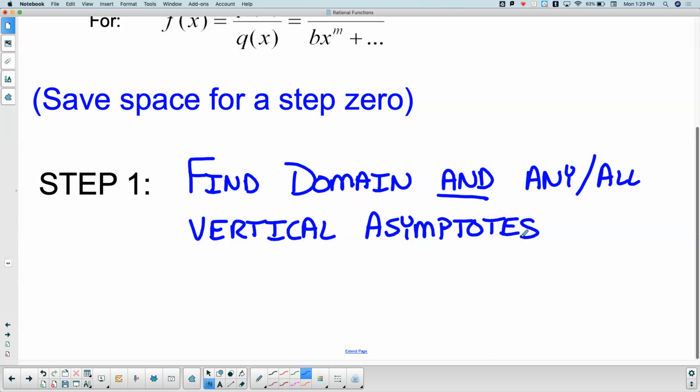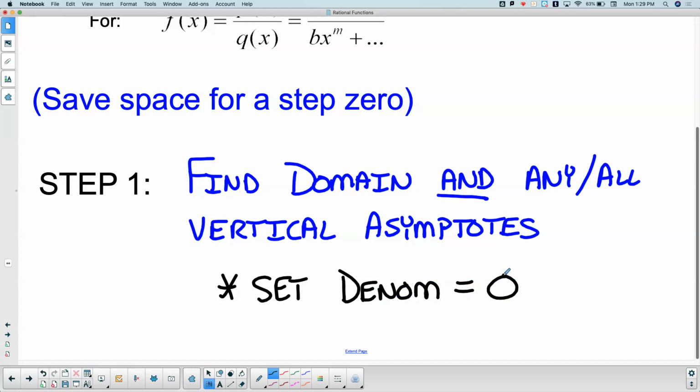We do that by setting the denominator equal to 0.